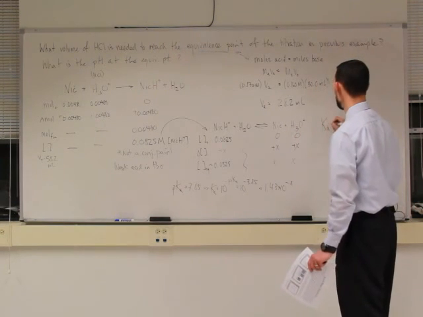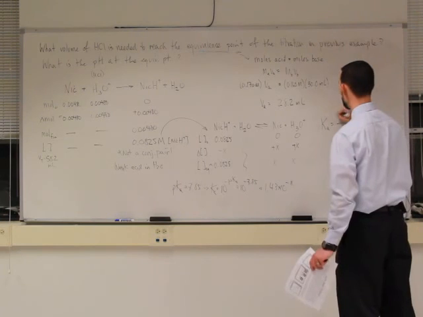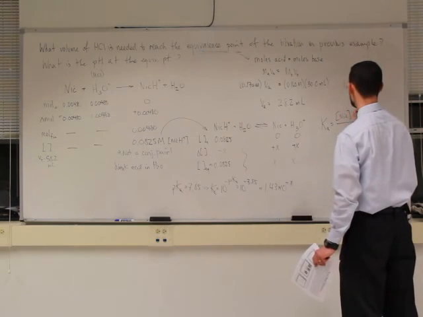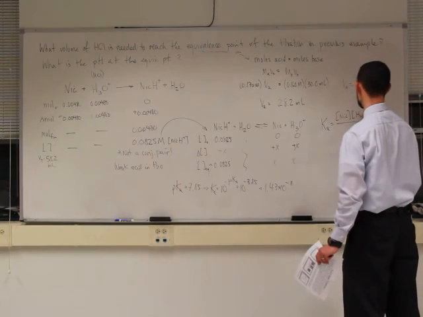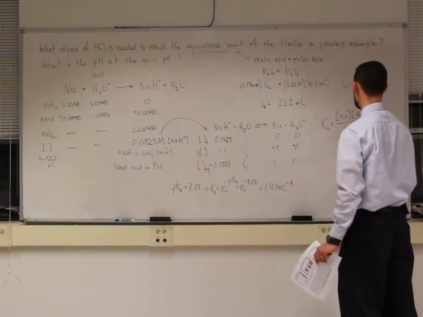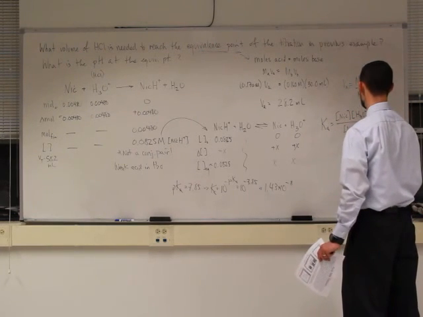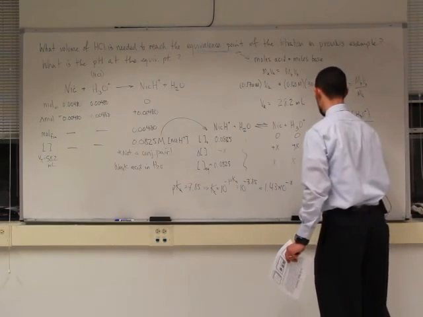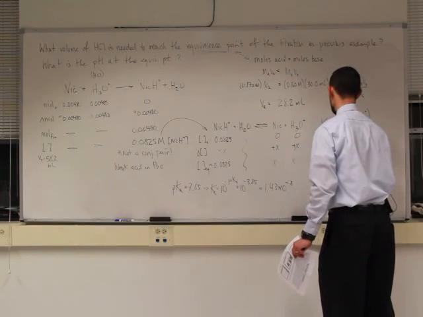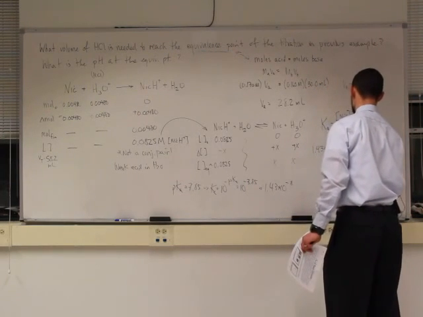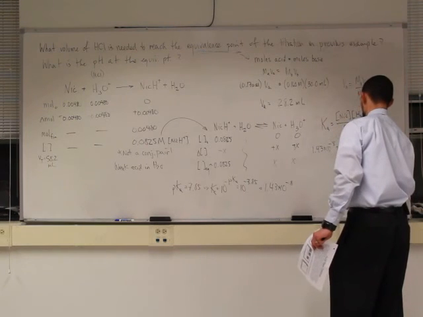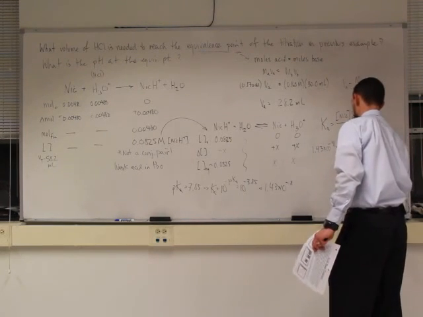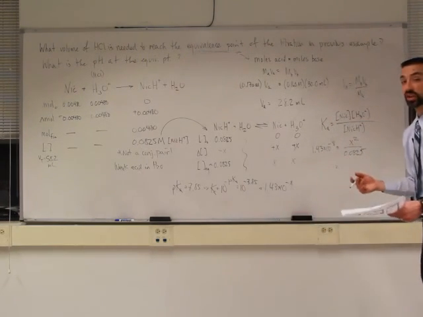So the Ka of this problem would have the nicotine base times the H3O plus divided by the nicotinium ion. So 1.43 times 10 to the negative 8 equals x squared over 0.0825. This should look pretty familiar, right?